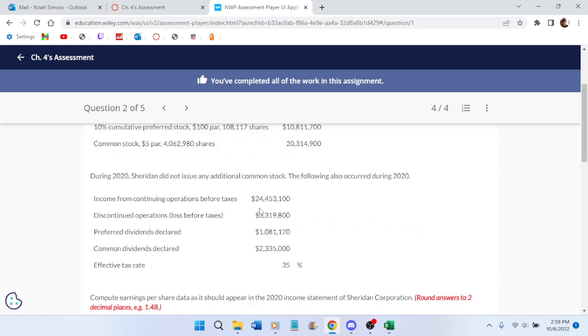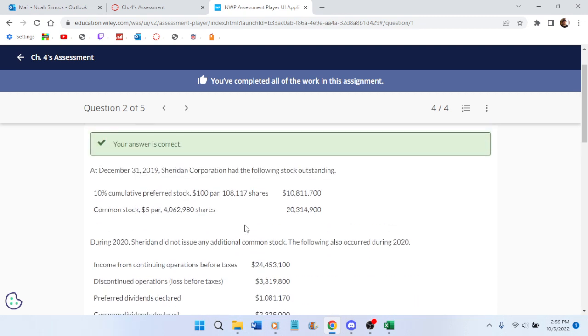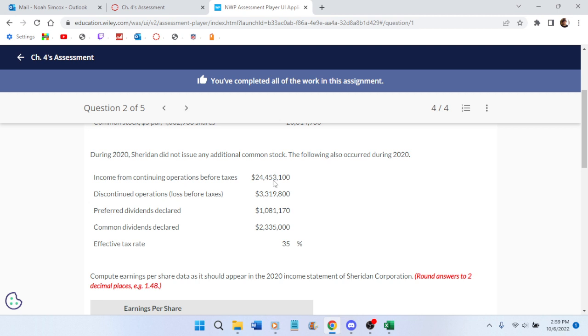We are going to calculate earnings per share. So, in order to calculate it for income from continuing operations, you will have this income from continuing operations. Then you will subtract taxes to get income from continuing operations.